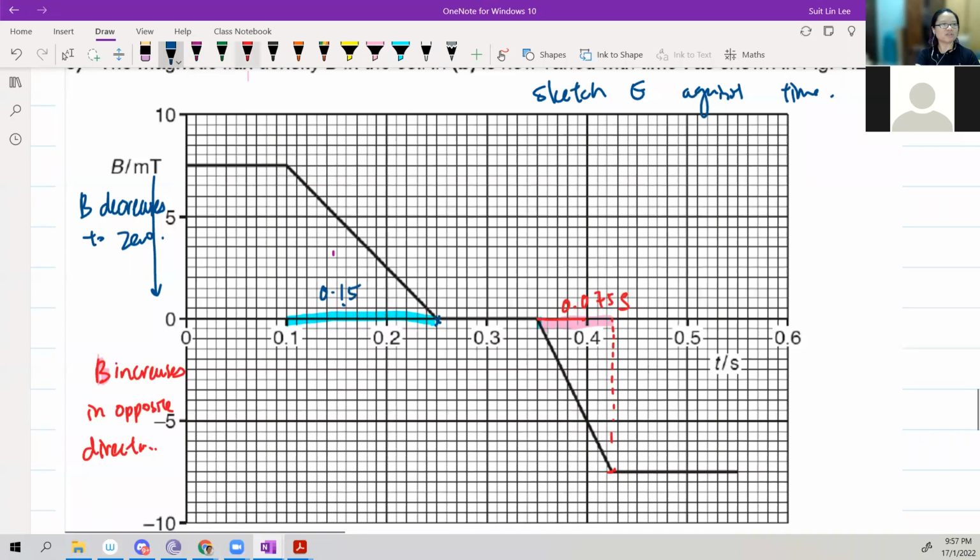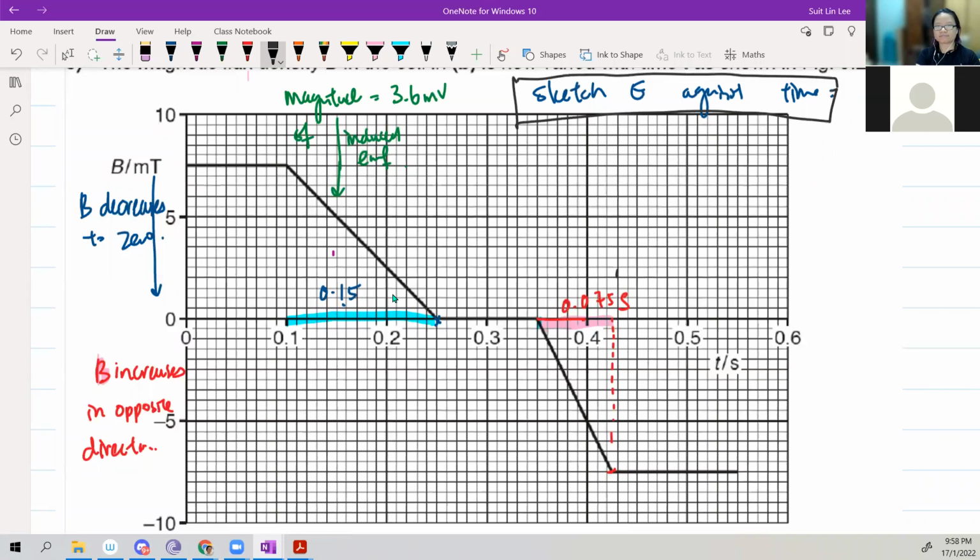From the previous section, the induced EMF here, magnitude is equal to 3.6 millivolt. Magnitude of induced EMF. So try to use this information and also the shape of the graph to sketch this. All right, I'll give you 5 minutes. And I'll go and refill my water bottle.